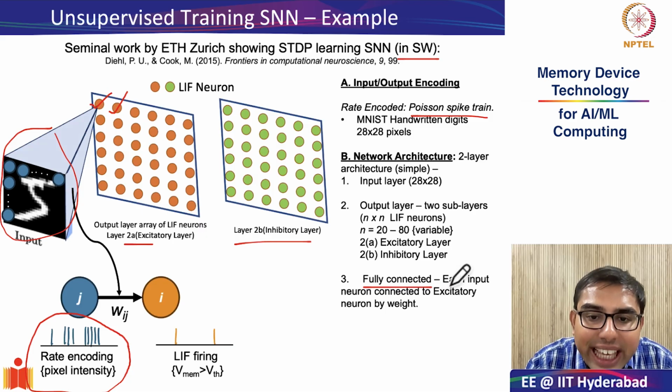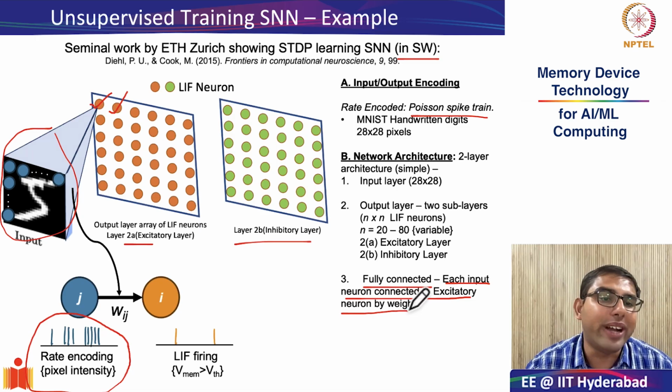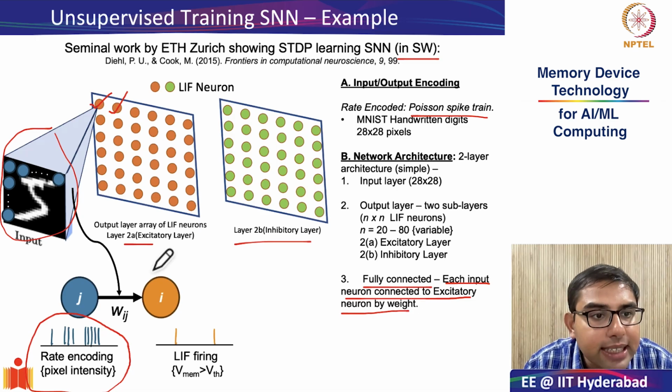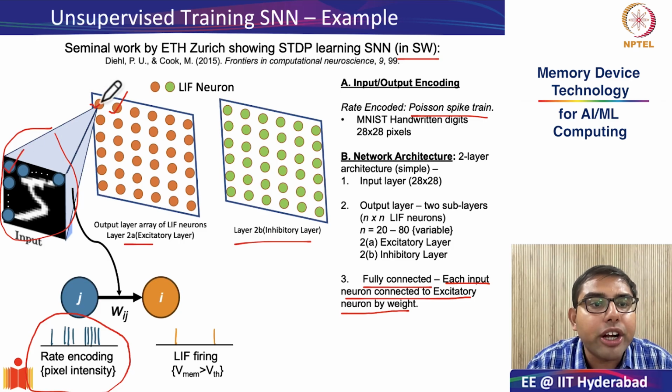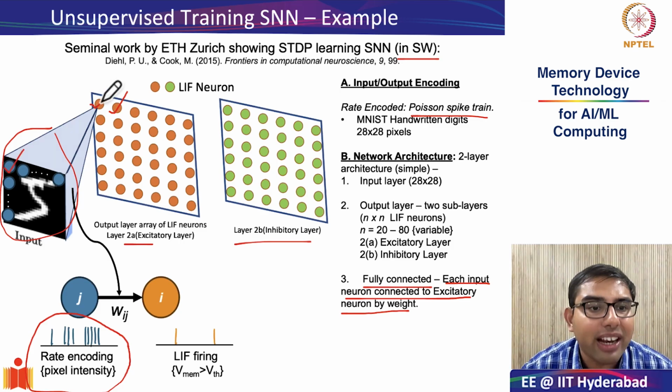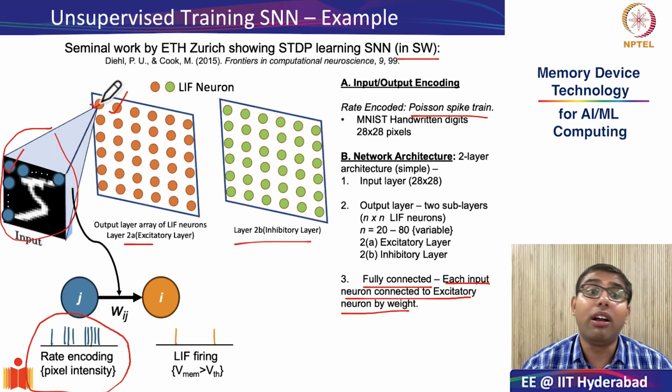That means that each input neuron is connected to an excitatory neuron by a bunch of weights. So each pixel of this particular layer is connected to the pixel in the excitatory layer as well.